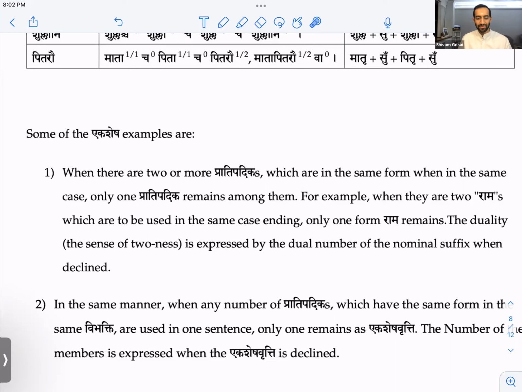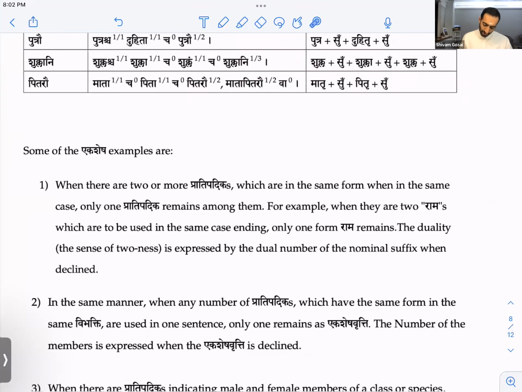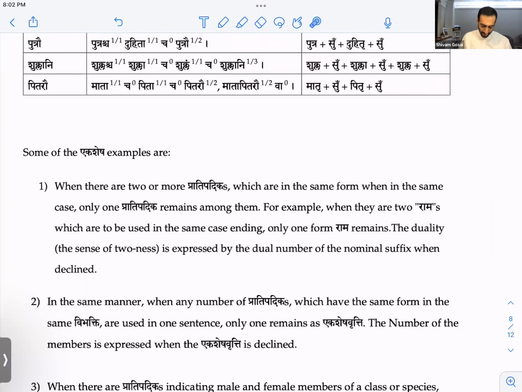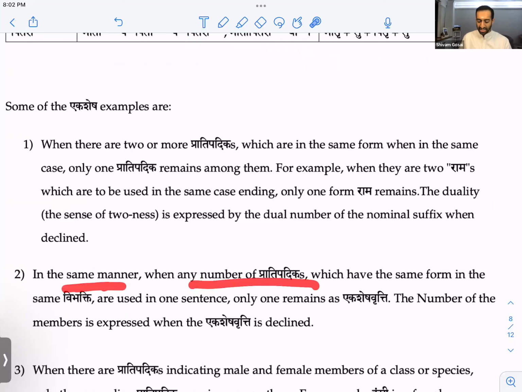If there's any number of pratipadikas, you can say 100 Ramas, and they have the same form in the same vibhakti, used in the same sentence, you can keep just one using this Ekaśeṣa rule.